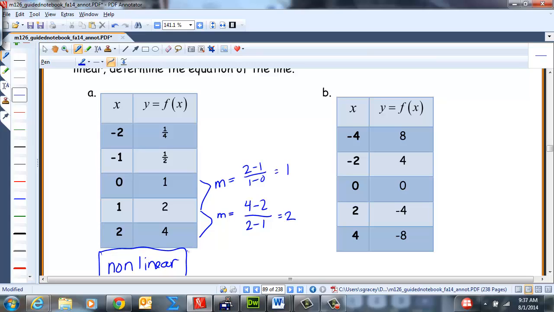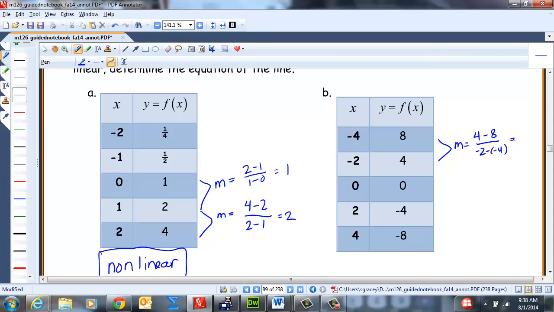Okay, so let's take a look at the next one. So here, let's take a look at these two ordered pairs. The slope would be 4 minus 8 divided by negative 2 minus negative 4. That's going to give us negative 4 over... is it negative 4 over?